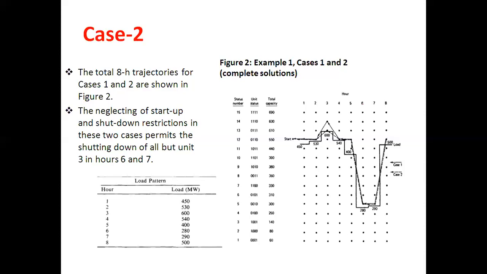This is called the minimum downtime. If it is shut down at hour 6, it will remain shut down for hour 6 to 7 and 7 to 8, that is 2 hours. That's why we say we neglect the startup and shutdown restriction in these two cases, permitting the shutting down of all units but unit 3 in hours 6 and 7. So this is the main concept behind that particular discussion.